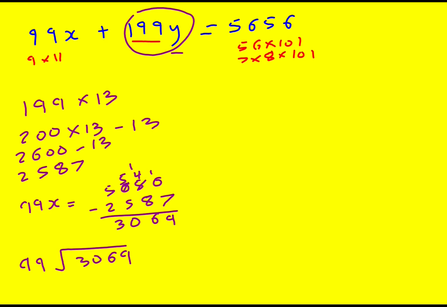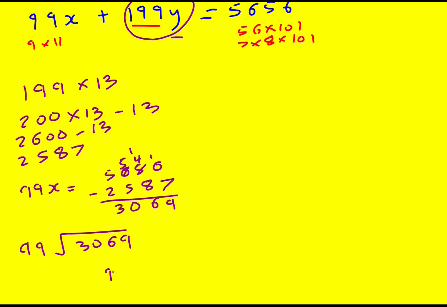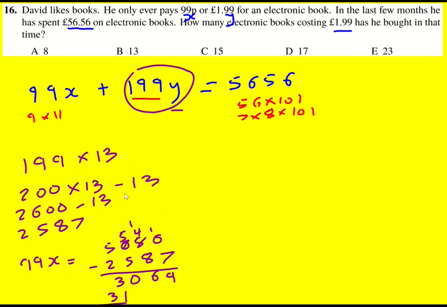Okay, well, the 99 times table is 99, 198, 297. Remainder 9. So I can see I'm going to get 31 for x. This is a whole number, and therefore it must work out. The answer is going to be B. If you tried 15, 17, 23, you wouldn't get a whole number. And that's one way of doing this question.